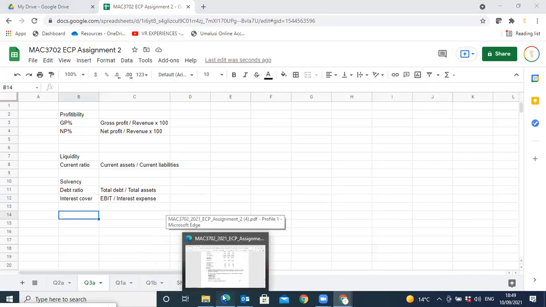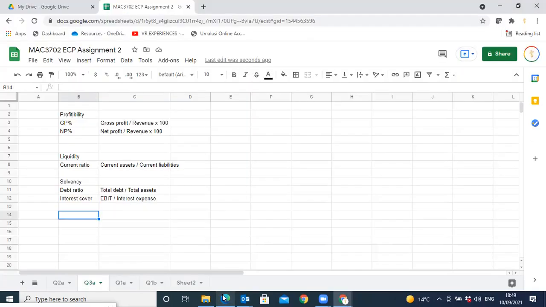What's the last one? Investor ratios. So typical investor ratios would be earnings per share and dividends per share. Okay, so those are typical ones.